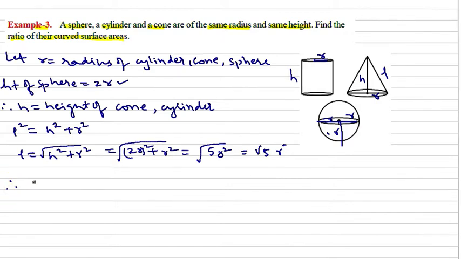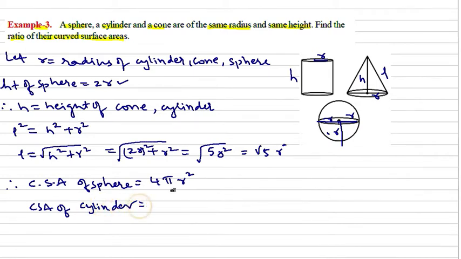Therefore, now CSA, that is curved surface area of a sphere, is equal to 4 pi r square. Next, curved surface area of a cylinder is equal to 2 pi rh, where 2 pi r into height, we are taking 2 times the radius, which is equal to 4 pi r square.